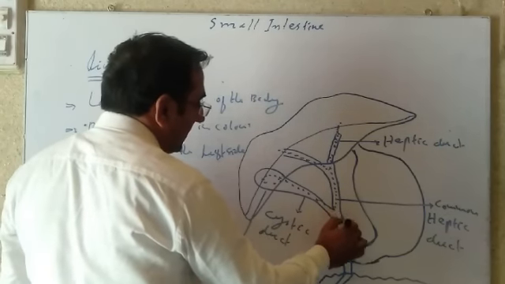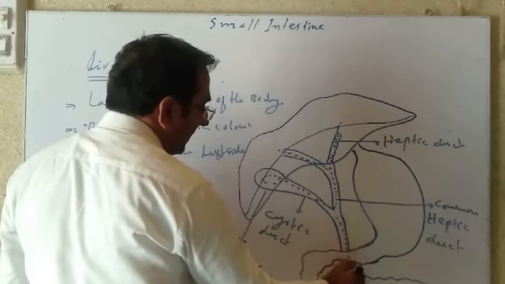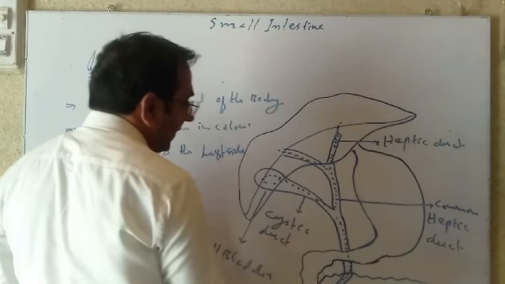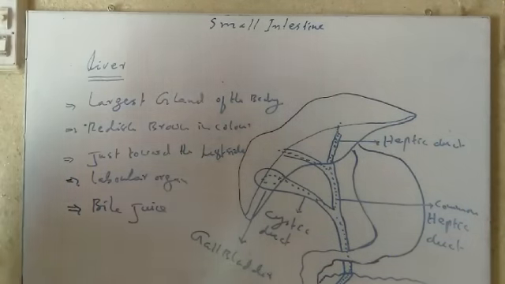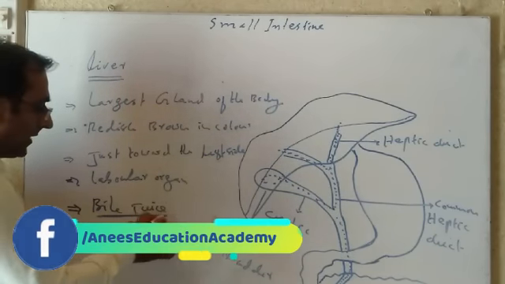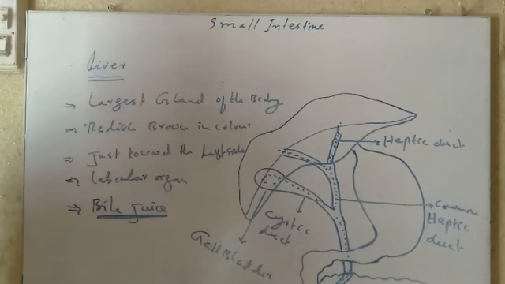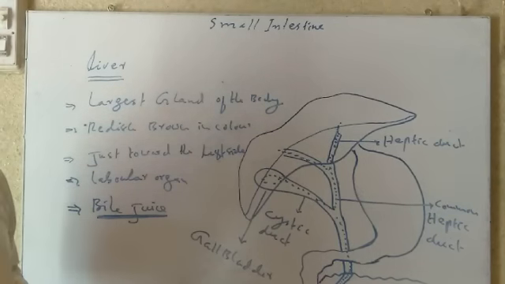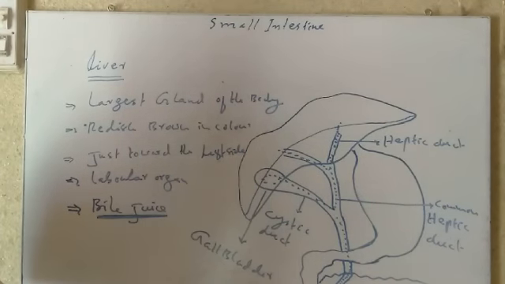Now these ducts merge to each other and then enter into the duodenum, where this bile juice performs its function. Bile juice is a greenish alkaline fluid which contains no enzymes.